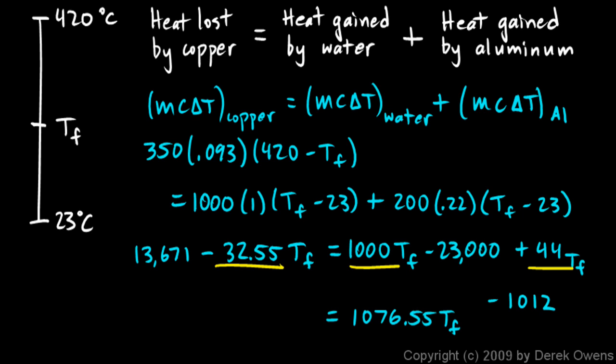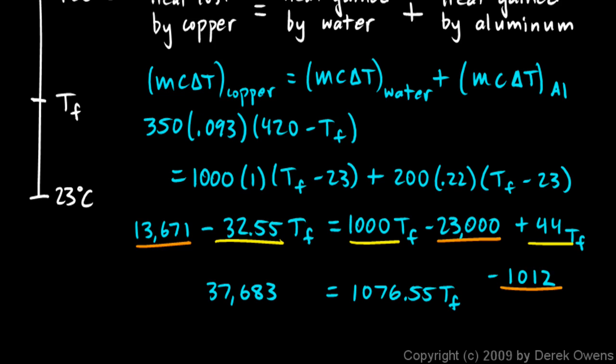And then on the left side, if we add 23,000 and 1012 to each side, then on the left we have 13,671 plus 23,000 plus 1012, and we end up with 37,683. And then we divide and we end up with our final temperature, and it comes out to 35 degrees Celsius.